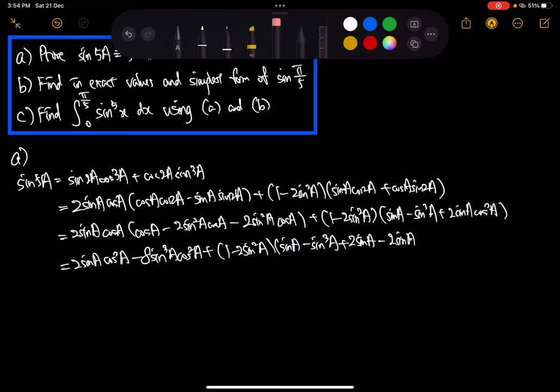Let's not break that, but instead break these brackets because I am absolutely dreaming. So this one's obvious, it's a 1. Sine a minus sine cubed a plus 2 sine a cosine squared a minus 2 sine cubed a plus 2 sine to the power 5 a. Is that really just... that's wrong. Thank God I saw that.